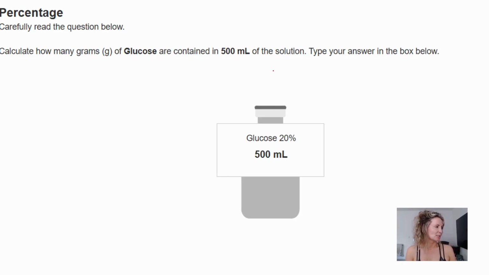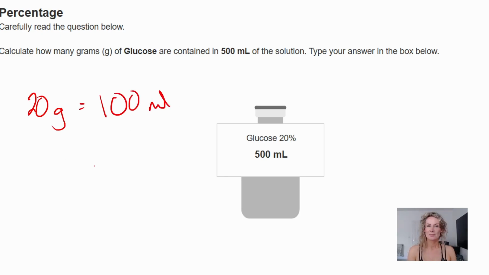This question would like to know how many grams of glucose are contained in a 500 ml amount. The percentage is 20, so we know that 20 grams equals 100 mils. We would like to know how much is in 500. 500 mils. What did we do? 100 to get 500.